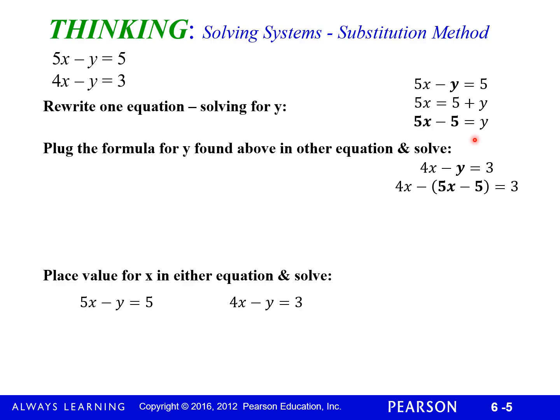Make sure you plug in the formula in parentheses, especially if there's a minus, because that changes the sign. 4x minus a positive 5x is minus 5x, minus a minus 5 is plus 5.